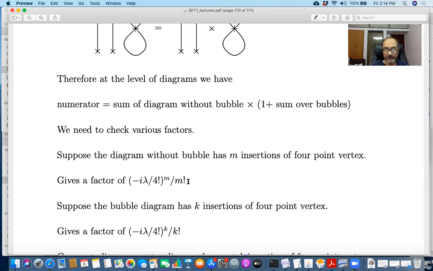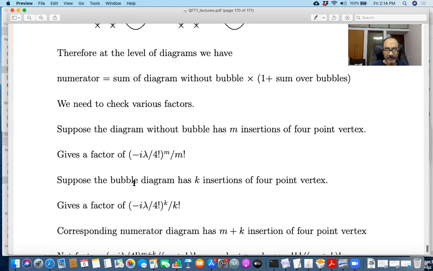So this is a factor that will come if you have diagrams without bubble, and which has m insertions of 4-point vertex. If you have a bubble diagram with k insertions of 4-point vertex, then we get a factor of (minus i lambda over 4 factorial) to the k over k factorial.